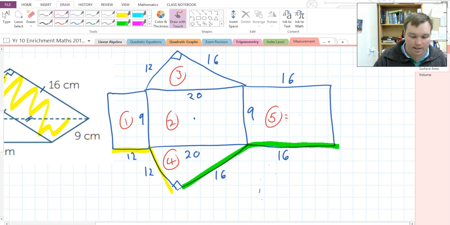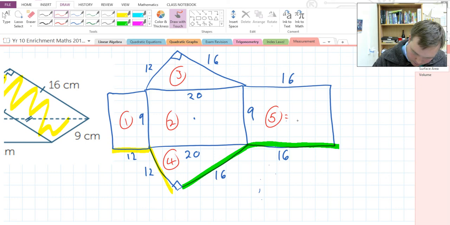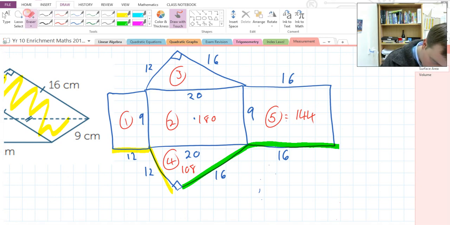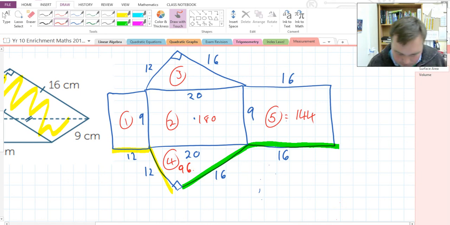So 9 times 16, whatever that is, 144. 9 times 20 is 180. 12 times 16 divided by 2 is 8 times 12. 8 times 12 is 96, not having a good night. And then so on through and add them up, and make sure to give your answer in centimeters squared.